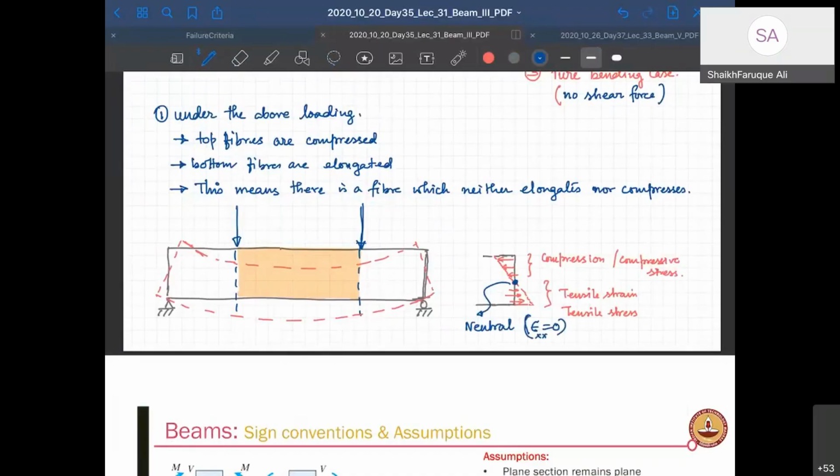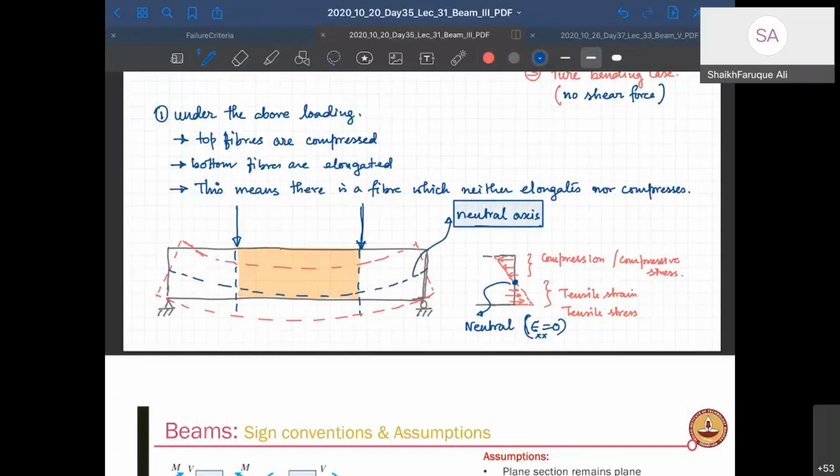I'll come to that. So there is this zone. All the fibers are neither going to elongate nor going to compress. This is called neutral axis. And the plane is called neutral plane. Okay, the plane is called neutral plane.